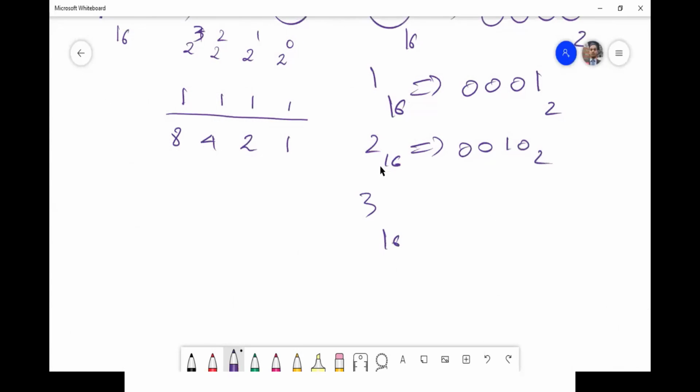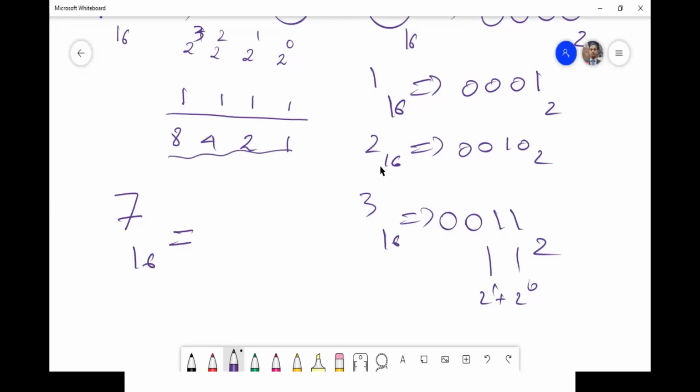3 is 0 0 1 1, 2 plus 1, this is 2 to the power 0, this is 2 to the power 1. So it's 3. How will 7 come?